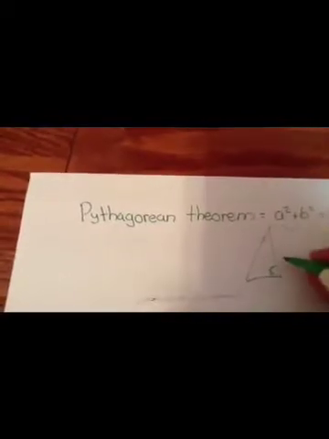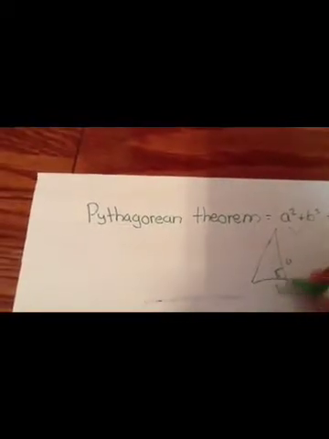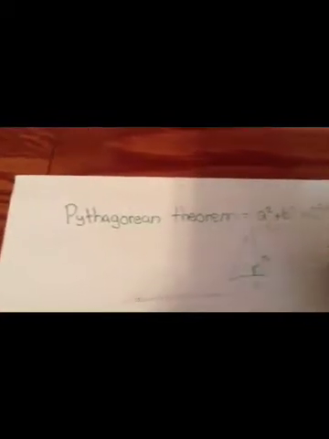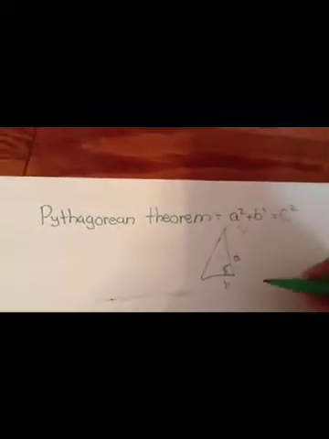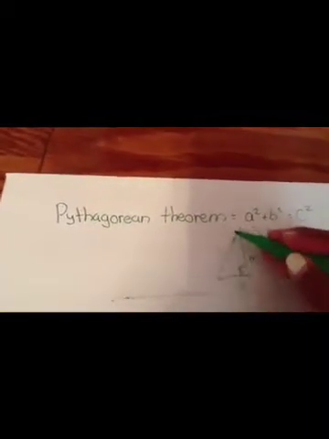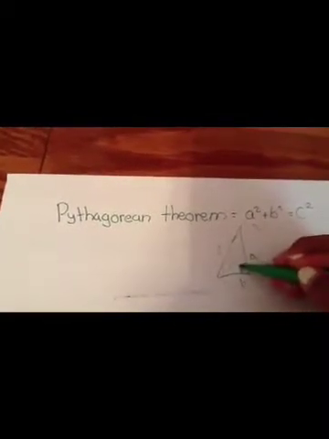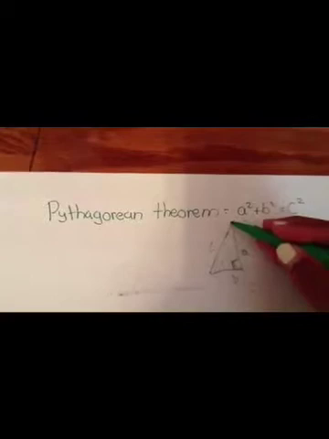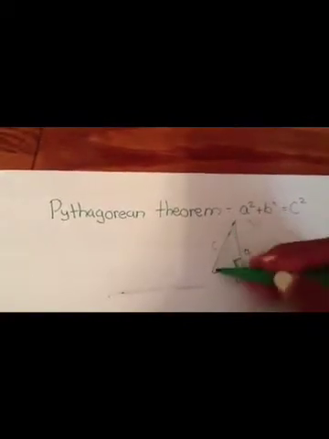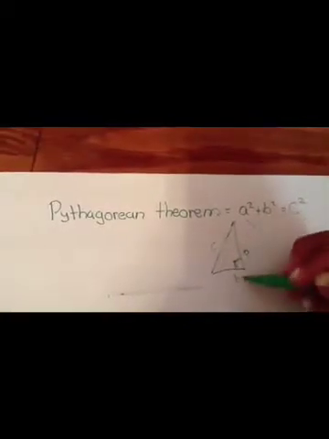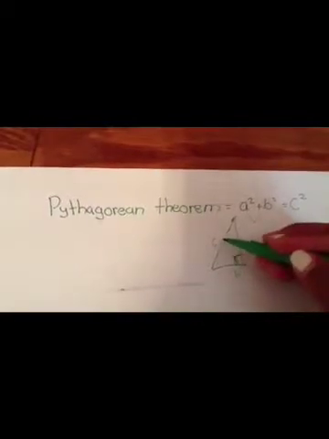So this would be a and this would be b, or b and a. It honestly doesn't matter. And then c squared would be the hypotenuse. This does matter. c squared is always the hypotenuse. So this squared plus this squared will always equal this squared.